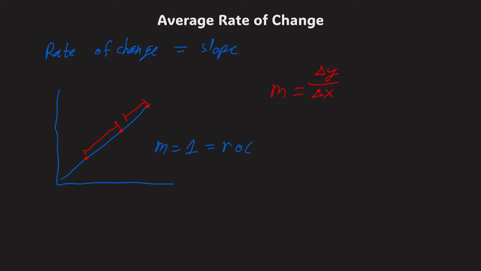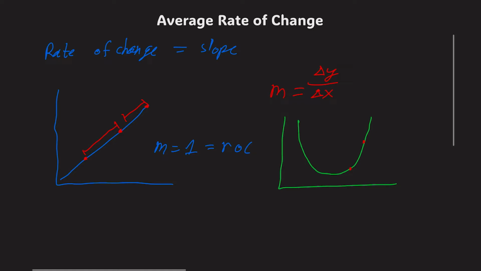However, if I were to give us a different graph, let's say the graph of a parabola, and I were to analyze the change in y divided by the change in x between these 2 points, that no longer equals the slope, because the slope between these 2 points is changing. I'm not looking at a straight line anymore, okay?